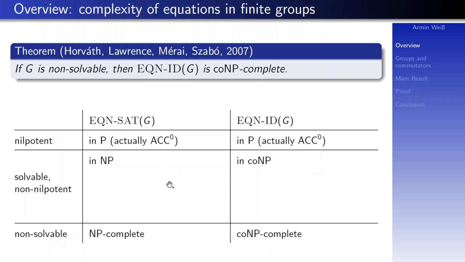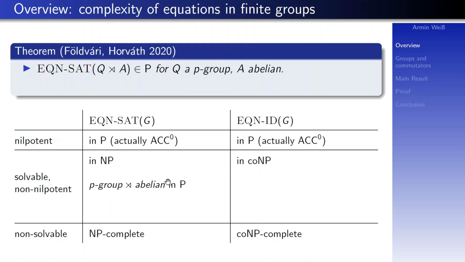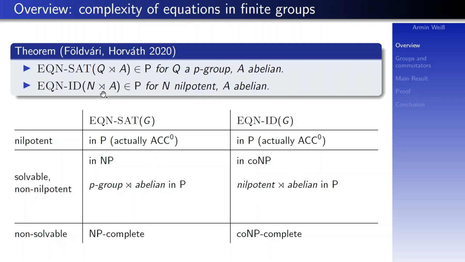I only want to mention the last one, from early this year. It shows that if we have a p-group semi-direct abelian group, then equation satisfiability is in P. And if we have a nilpotent group semi-direct abelian group, then the equation identity problem is in P. So this is slightly more general than the earlier results.